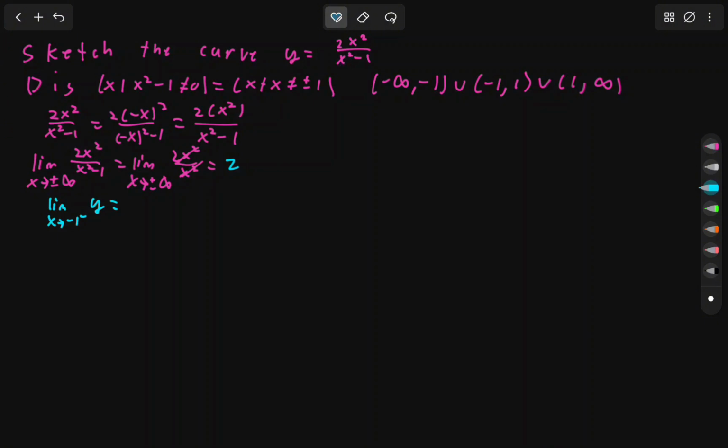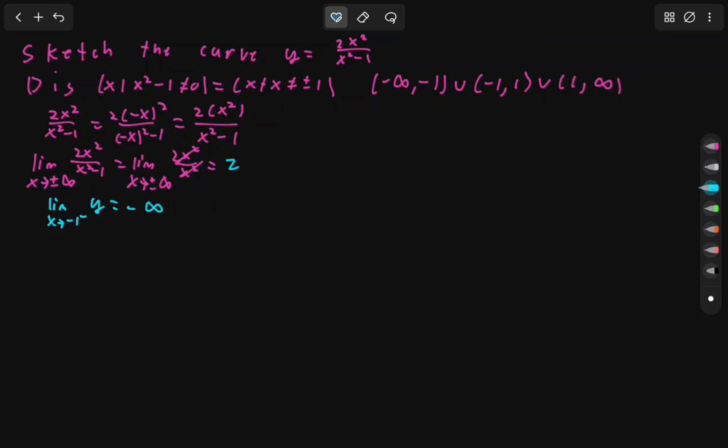Think like -1.001. Well, this is going to get closer and closer to 0. And because this denominator is going to 0 and this numerator is still equal to something, this is going to go to negative infinity.